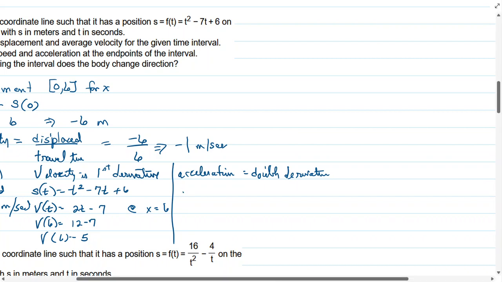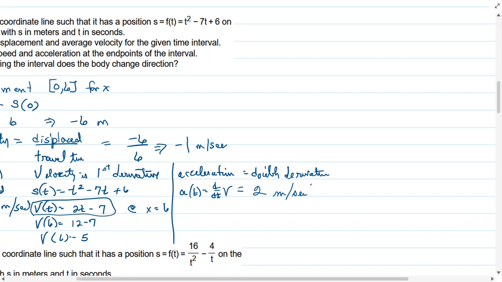So if I wanted a of t, I know that it is d/dt of velocity. And therefore, at this point, I have this guy right here, right? And this is in meters per second squared.